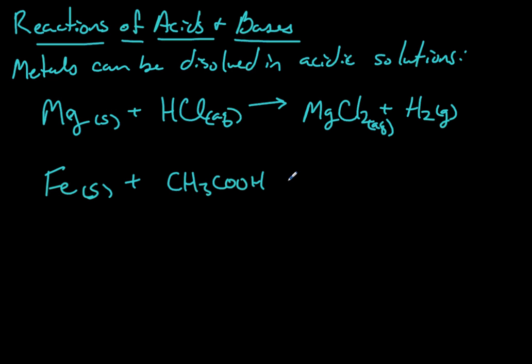But what you'll end up with is the iron associating with the acetate ion. We'll say it's iron 3 plus H2 gas. Now, is this balanced correctly? Not really. We need 3, actually we need 6, I believe, right?